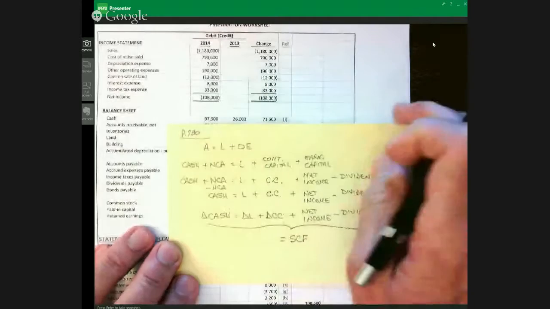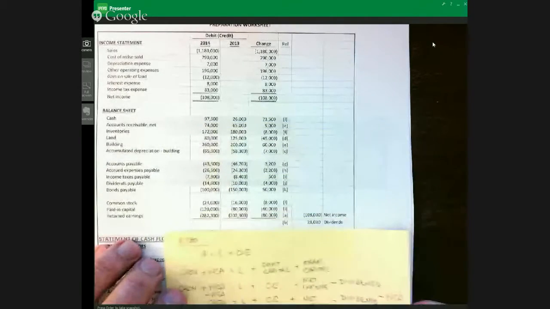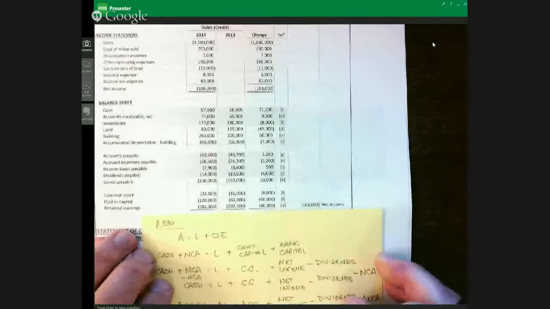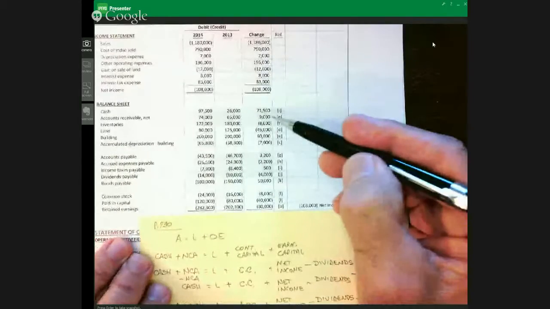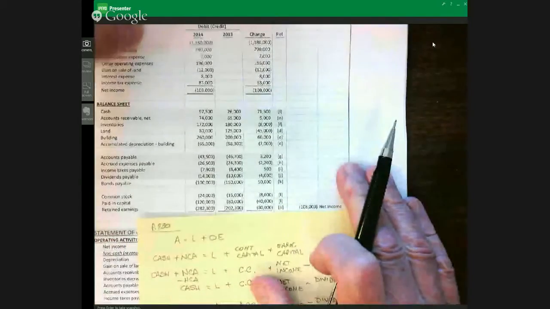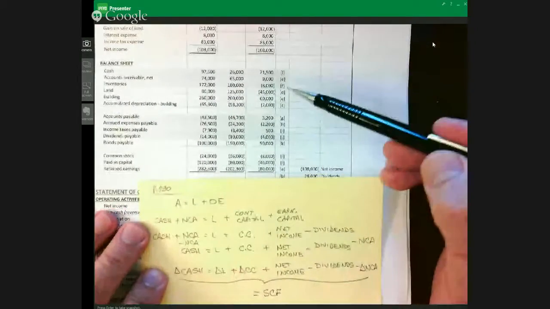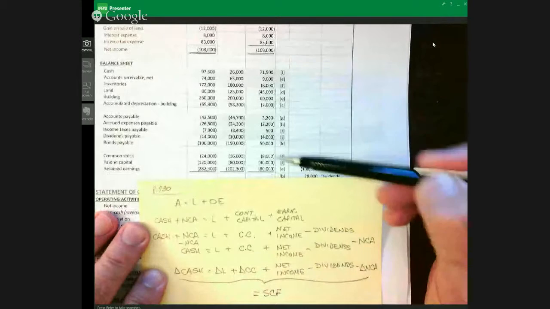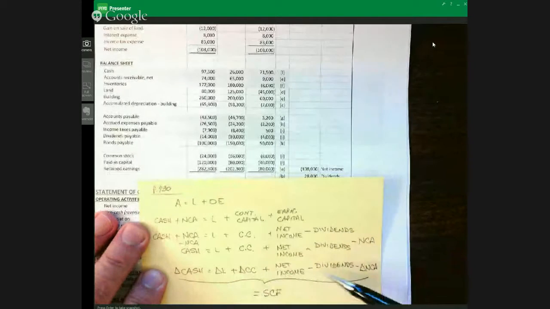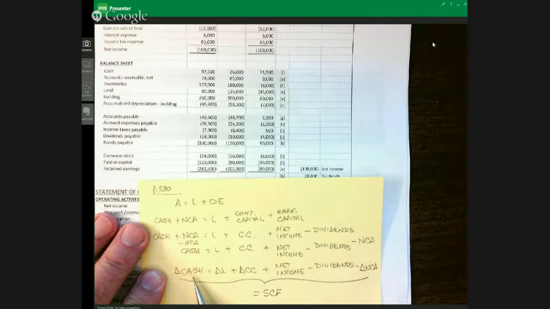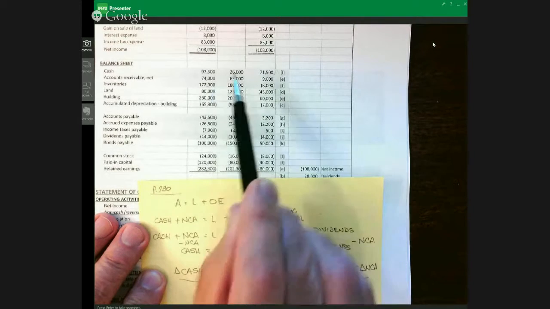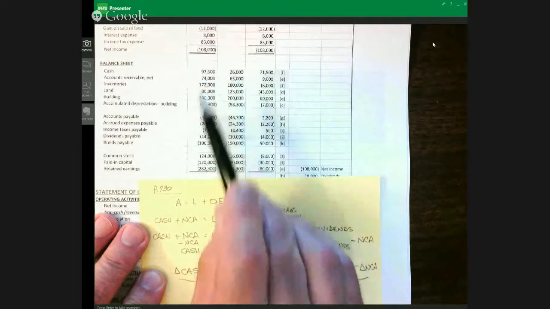What we want to do is to say that the change in cash is equal to the change in all the other accounts on the balance sheet. And once we have explained the change in all the other accounts on the balance sheet, we will have explained why cash moved from its beginning balance to its ending balance.